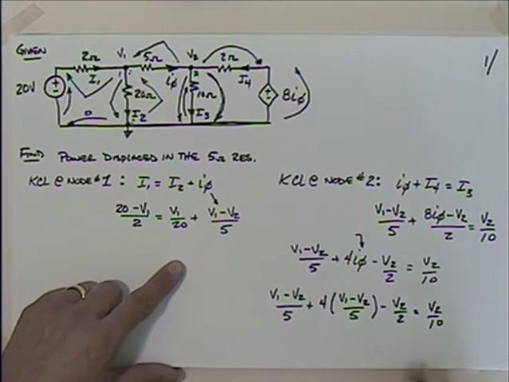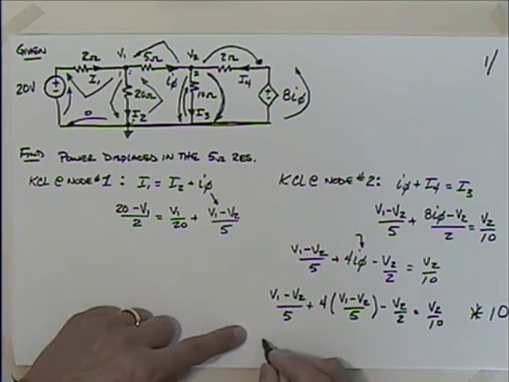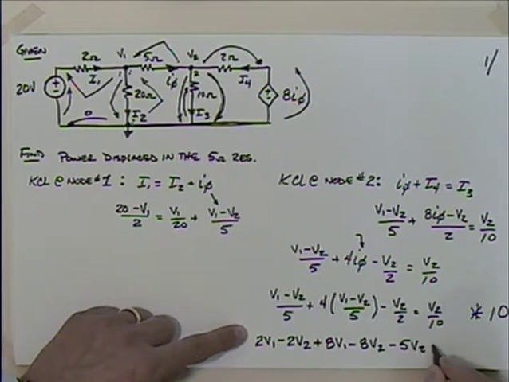Well, I think I'll multiply this whole thing by 10 then. So when I do that, I come up with 2V1 minus 2V2, and I have 4/5. I multiply that by 10, that becomes plus 8V1 minus 8V2 minus 5V2 is equal to V2.